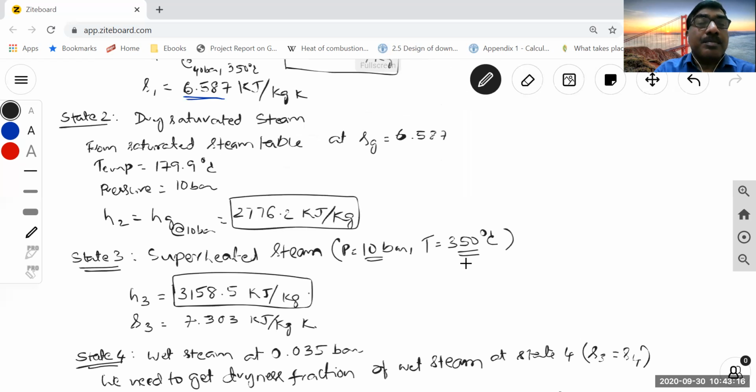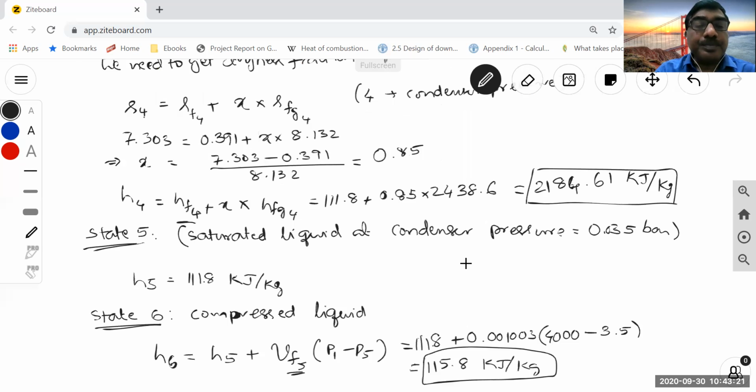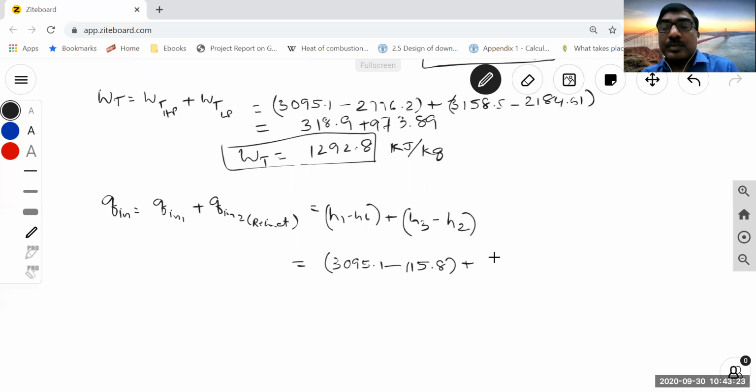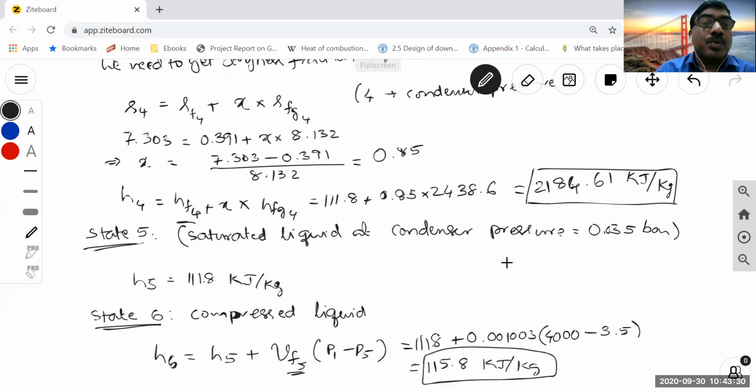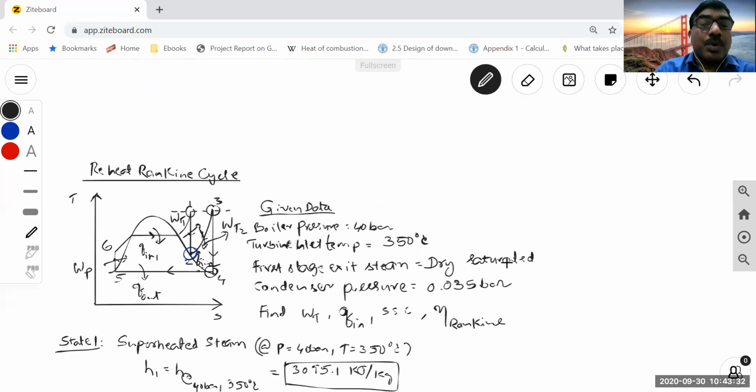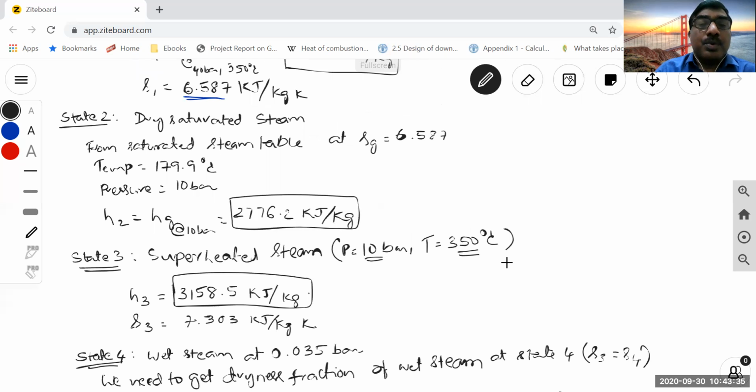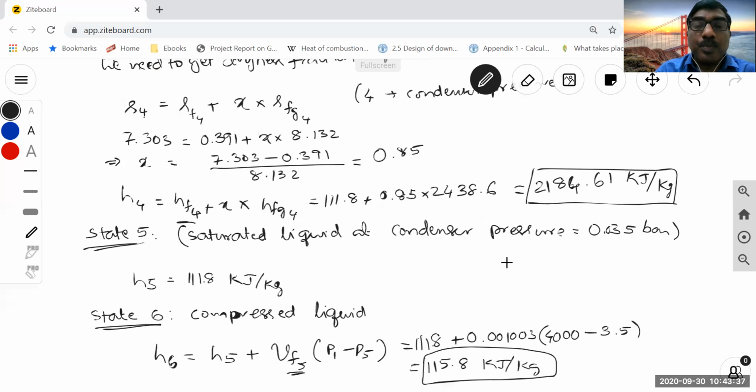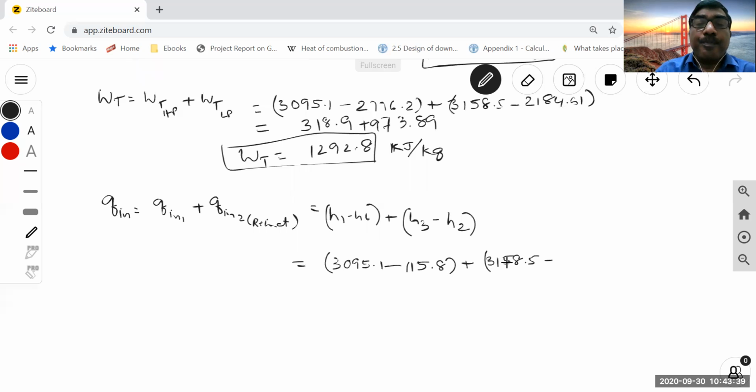What is H3? 3158.5 minus H2, 2776.2. So this is the total heat supplied.